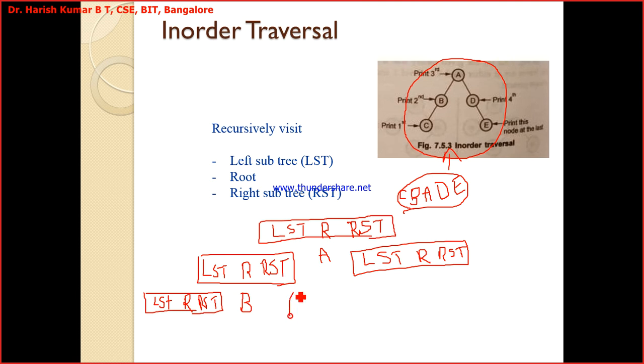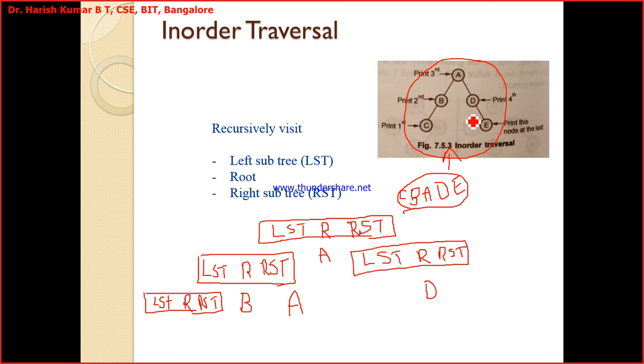This A I write as it is. Now there is a right subtree for A. What is the root node for the right subtree of A? It is D. So here in the place of this R, I'll write D. Getting my point?